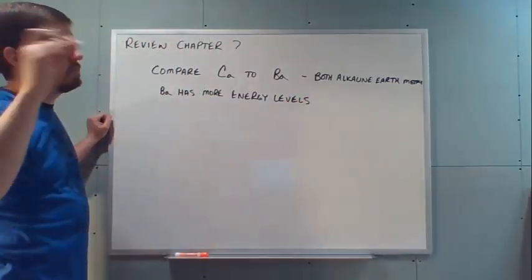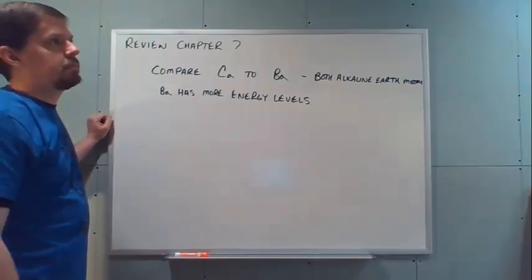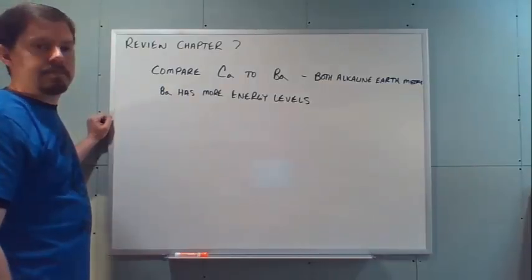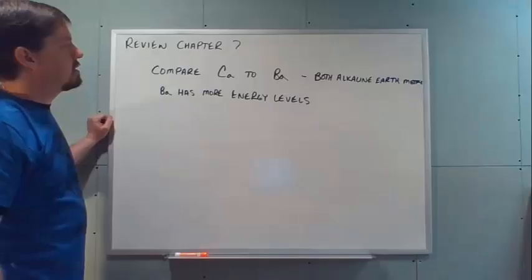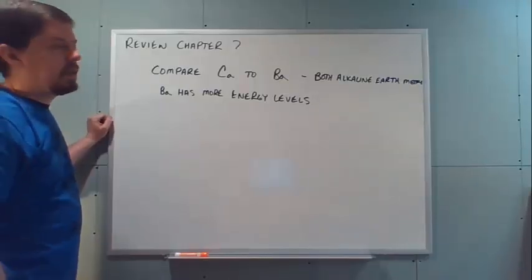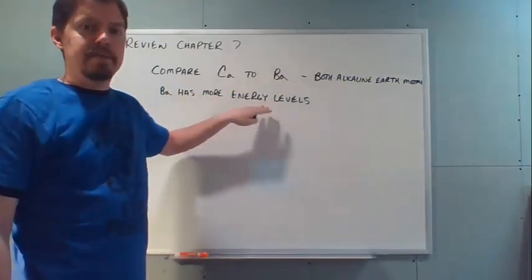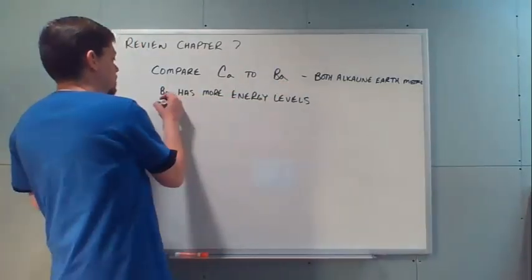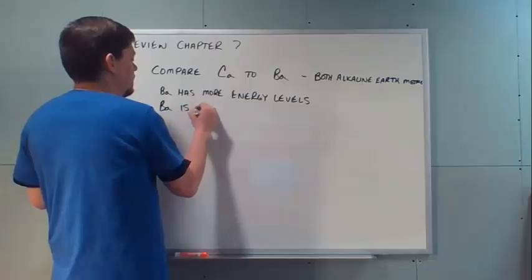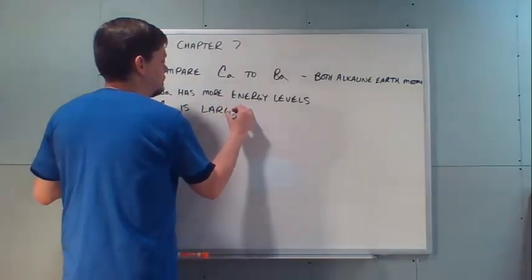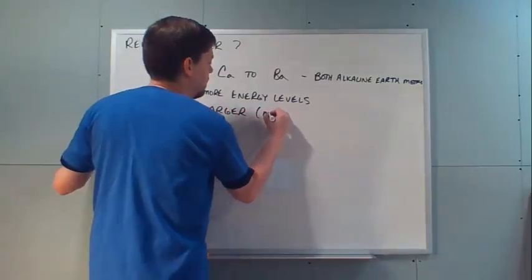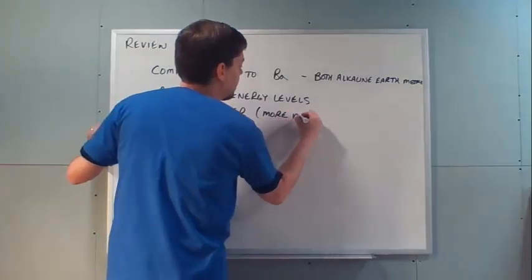Barium's in row 6, and calcium's in row 4. And so calcium is going to be much smaller than barium because barium has more energy levels. So barium is larger, which again also means more metallic.